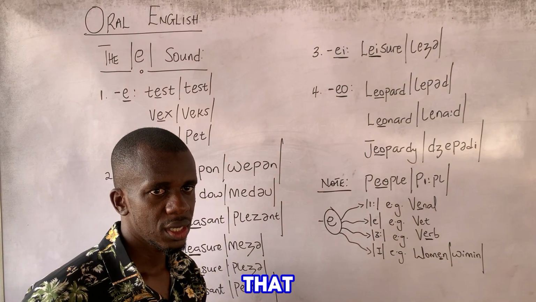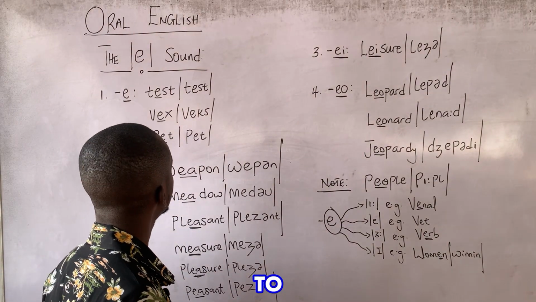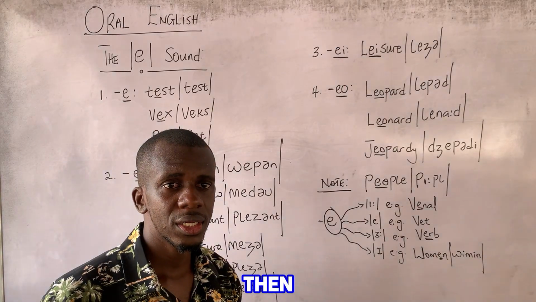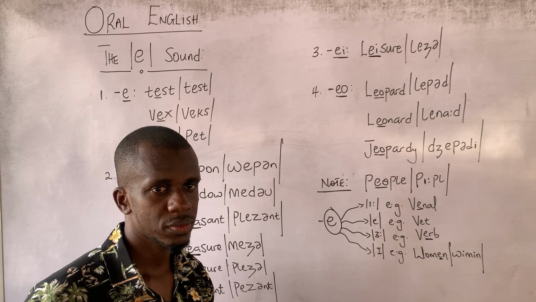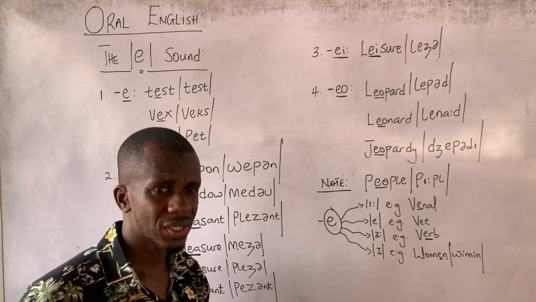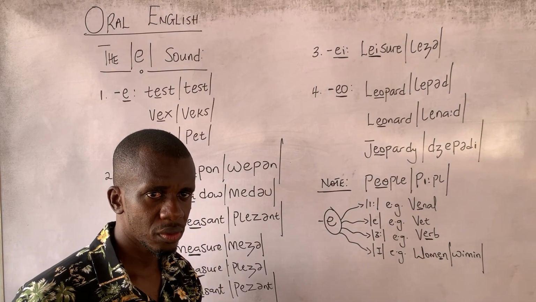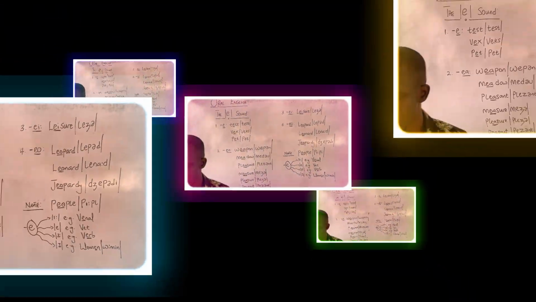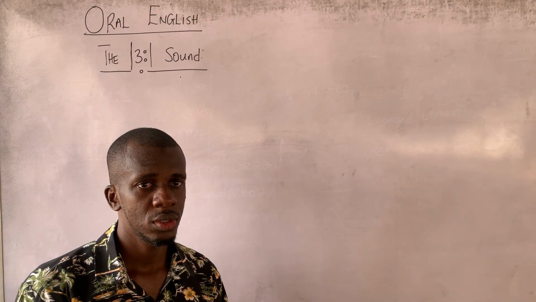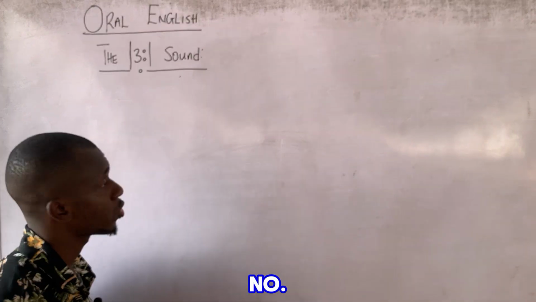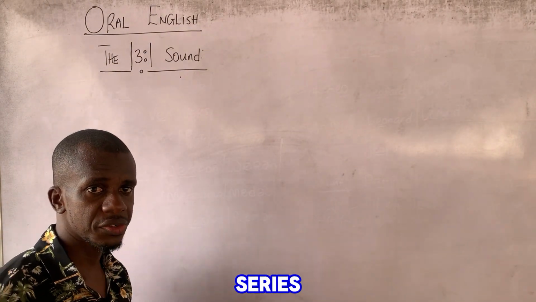Excellent. So I'm going to wipe the board, and then we're going to look at the long air sound. We're going to take that as voice sound number 4 on the series.